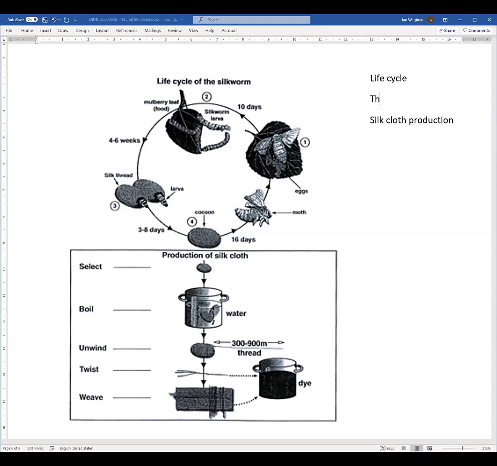So life cycle of the silkworm starts with the eggs, with the silkworm that produce eggs.